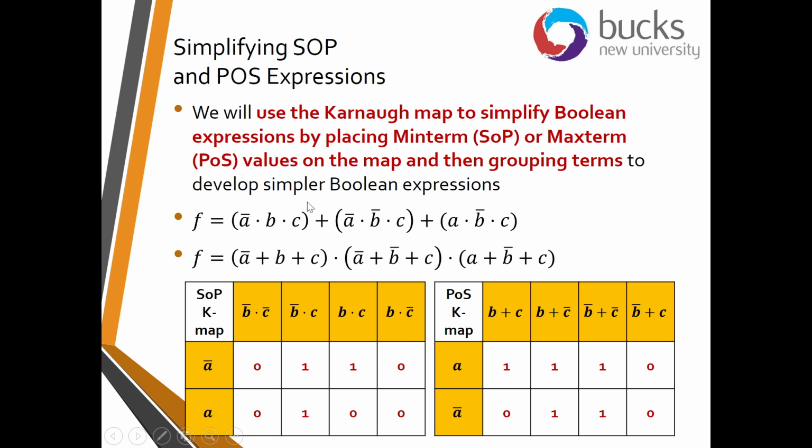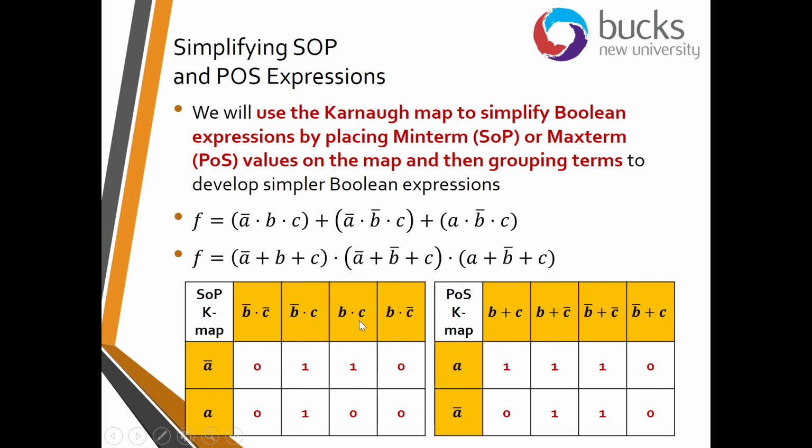The first expression here is the SOP, so it's ANDs into OR, first level. I've got not A, B, C, so I've put a 1 in that cell, where these two cells come together on that min term.